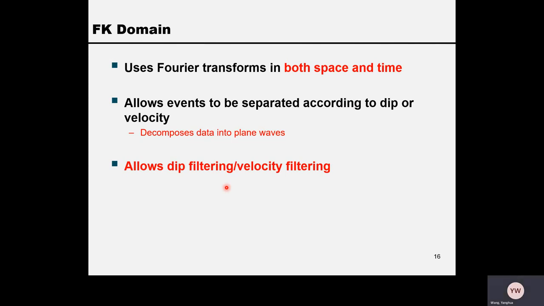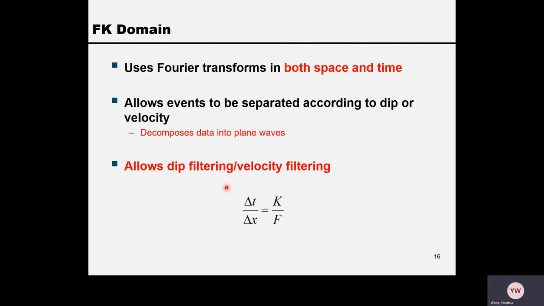In the FK domain, as we said, we can filter based on dip or velocity. The dip is measured by how many seconds of time delay within a certain distance, so delta T over delta X. If delta X is a trace interval, this gives us units of second per meter.